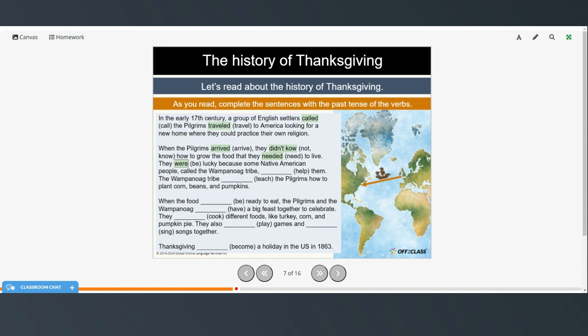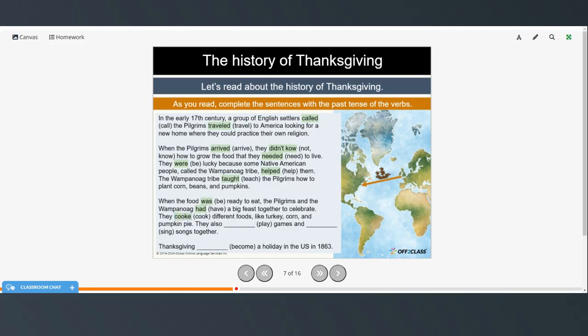They were lucky because some Native American people called the Wampanoag tribe helped them. The Wampanoag tribe taught the Pilgrims how to plant corn, beans, and pumpkins. When the food was ready to eat, the Pilgrims and the Wampanoag had a big feast together to celebrate.